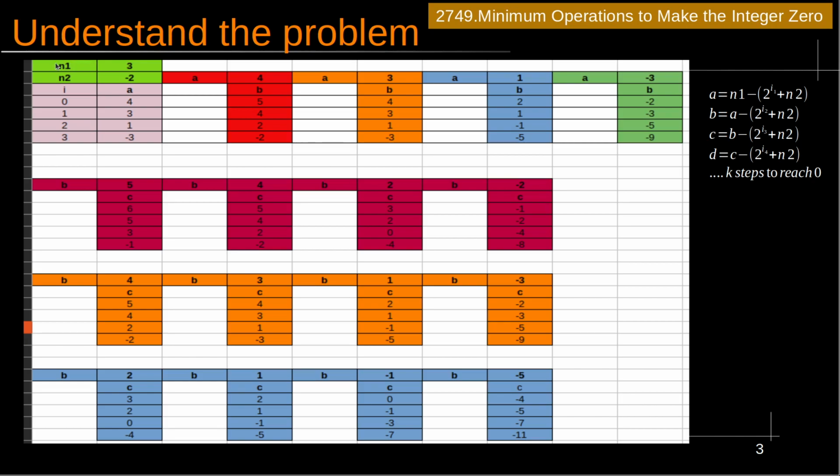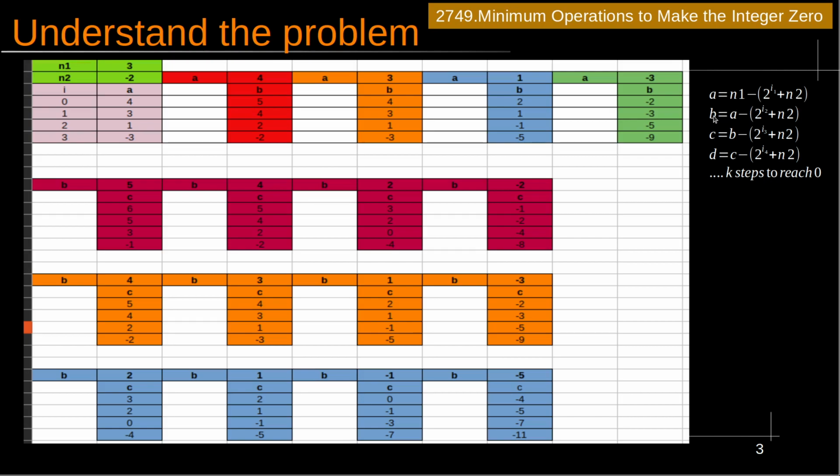Let's first understand the problem and how we're going to work here. Let's say n1 is equal to 3 and n2 is equal to -2, and I will take the powers from 0 to 3 to make the description as short as possible. We compute a number a, which is equal to n1 minus 2^i1 plus n2.